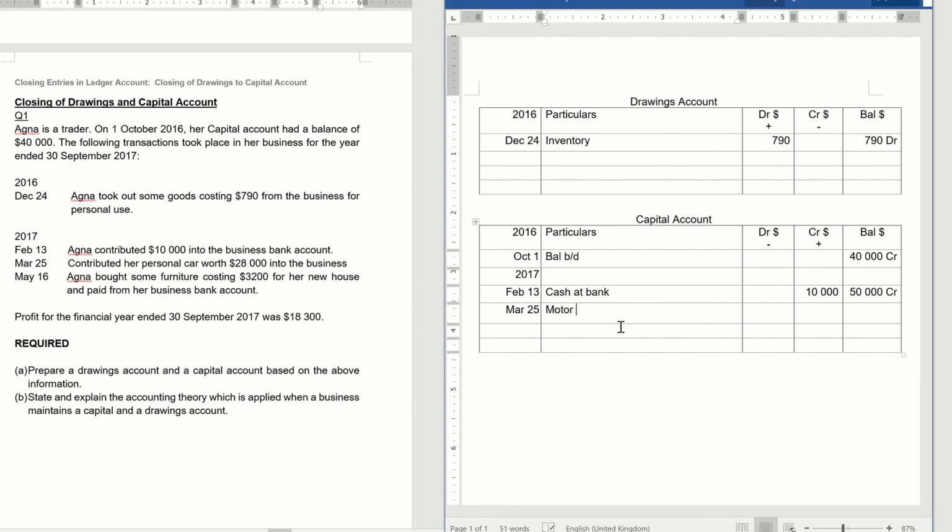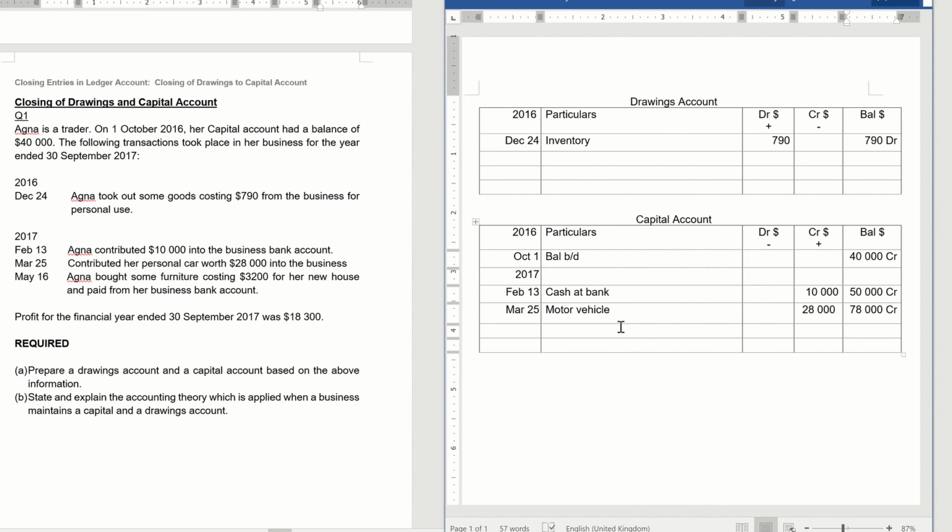We will have to record this as motor vehicle. Again, the capital account will be credited as well. So 28,000. How much is the balance at the end of this transaction? 50 plus 28 will be 78,000. You will have a credit balance of 78,000.